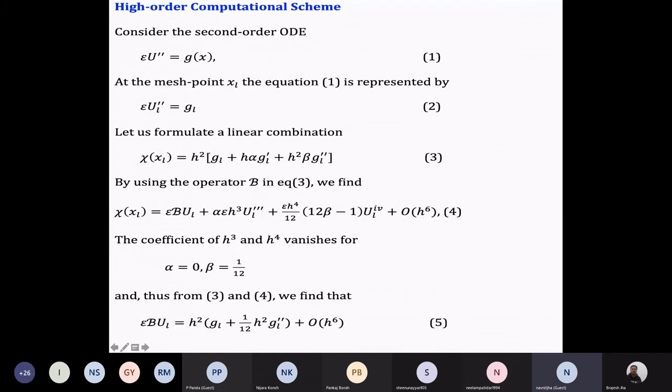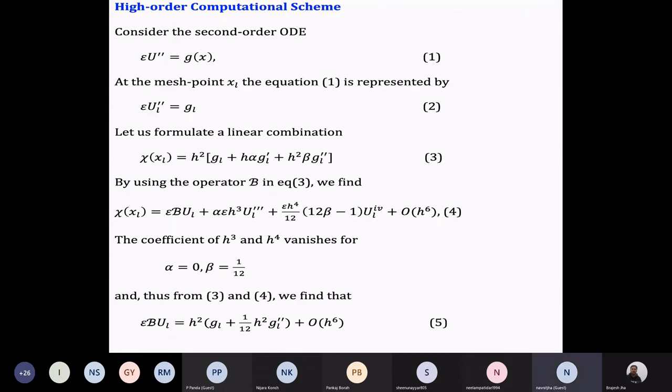Order h6. Please note that in equation 3 I started by multiplying by h square. So the actual order of the scheme is obtained by dividing throughout by h square, because I formulated the linear combination with a multiple of h square. I took h square multiplied just for my mathematical simplification.